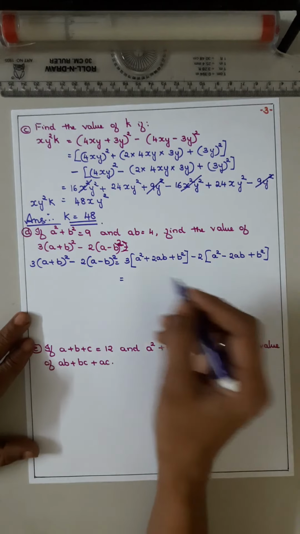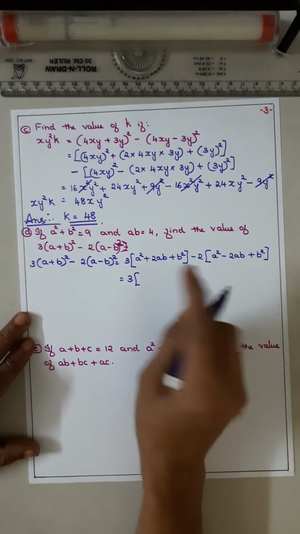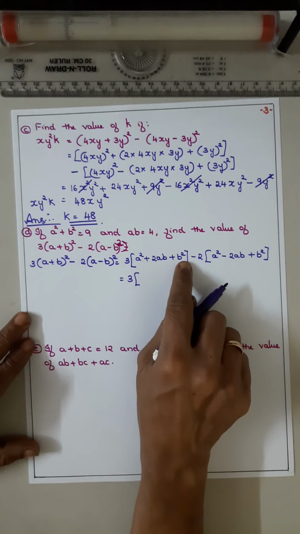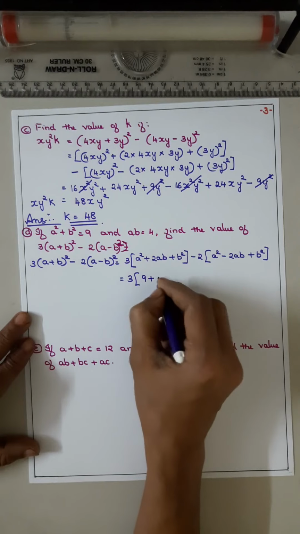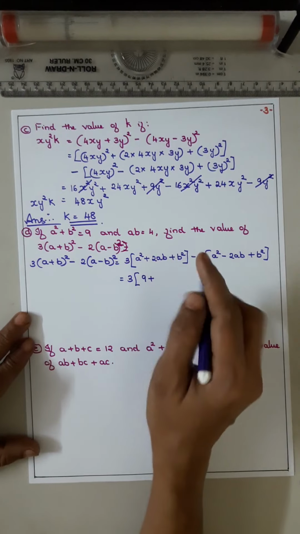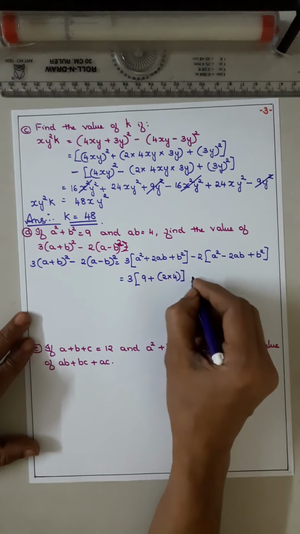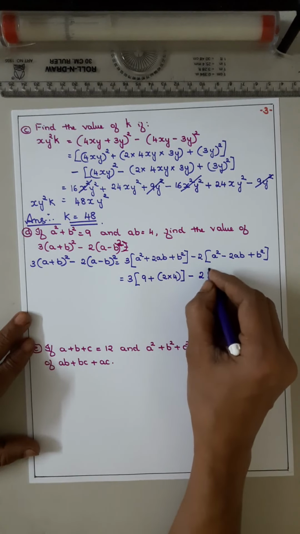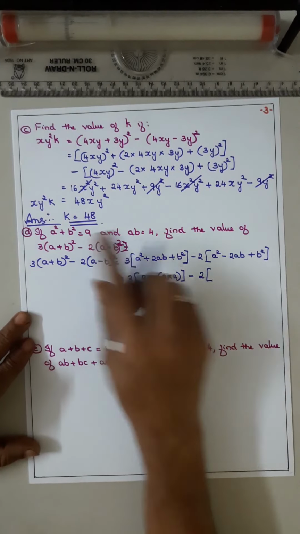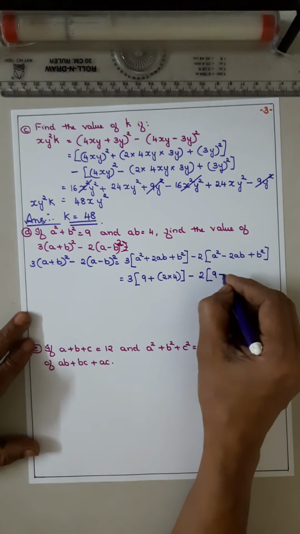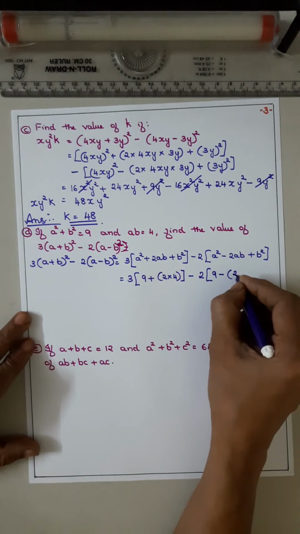So put the values. 3 bracket open, a squared plus b squared, what is the value? 9, plus ab is 4, means 2 into 4, minus 2 bracket open, a squared plus b squared is 9 minus 2ab, 2 into 4.